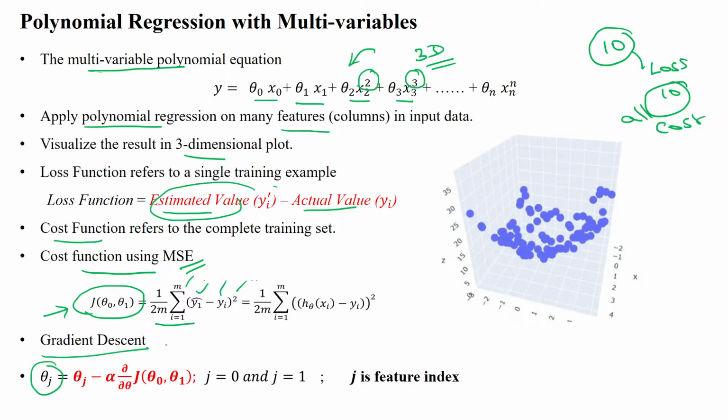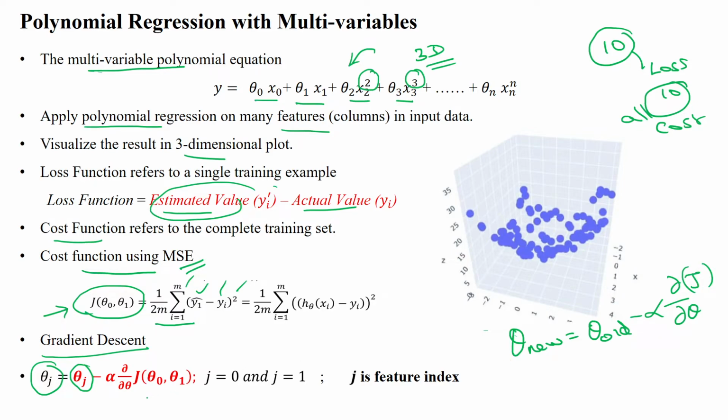Gradient descent is an optimization approach to update the parameters to increase accuracy and reduce the error. Here we update the parameter theta using the generalized formula: the new theta value is the old theta value minus alpha into dou by dou theta of the total cost.